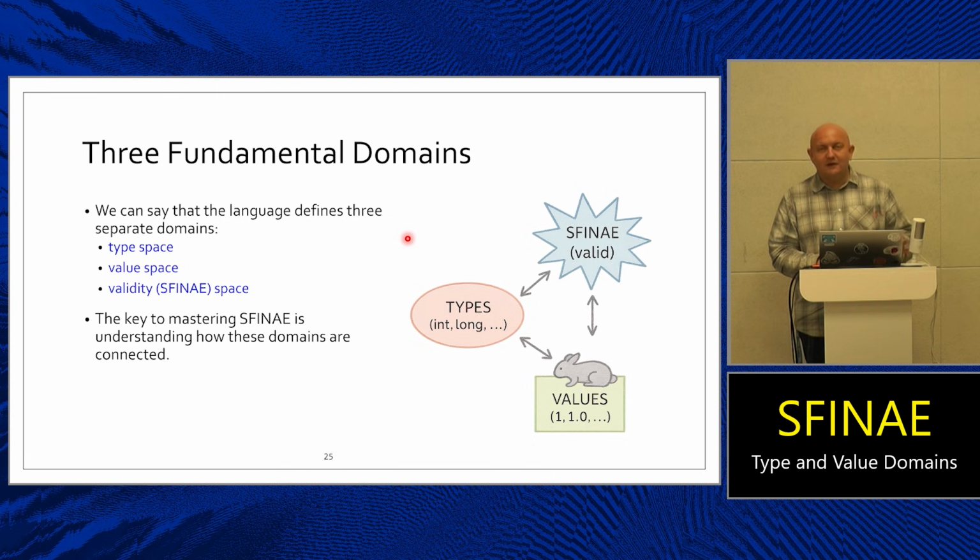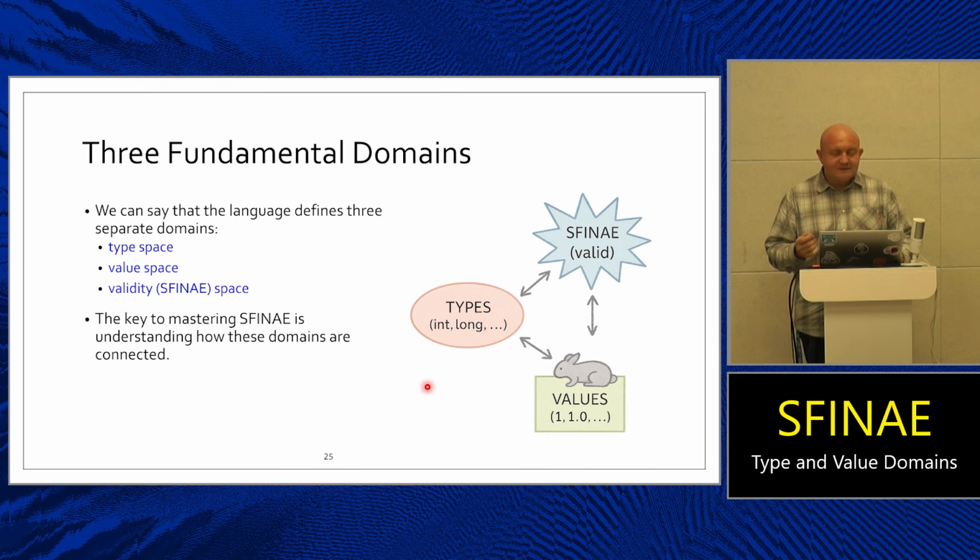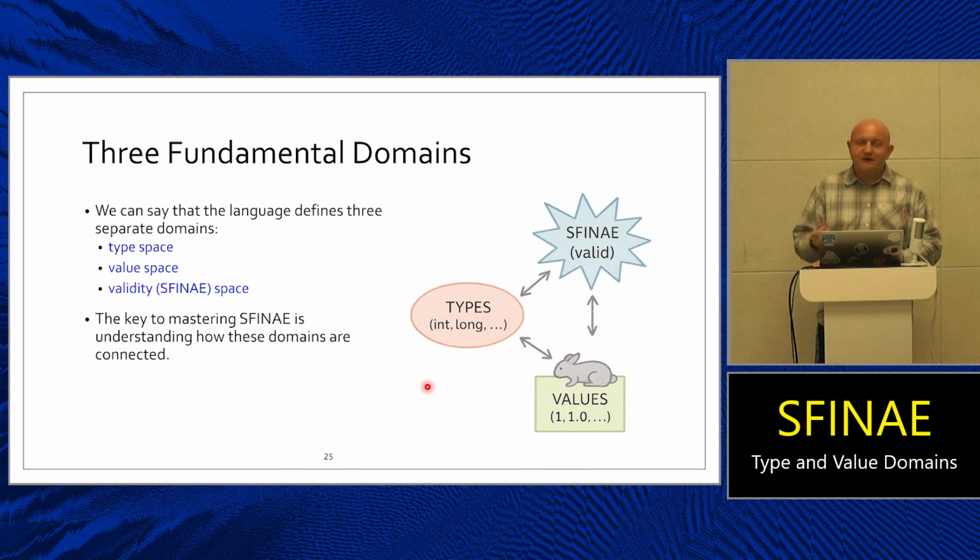Okay, now that we have SFINAE, we can finally talk about three separate domains that the language operates on. We already know the value space, our little rabbits, and the type space, our clouds. But there's also a third one, the SFINAE space. The SFINAE space is very simple. It has only two points, valid and invalid.